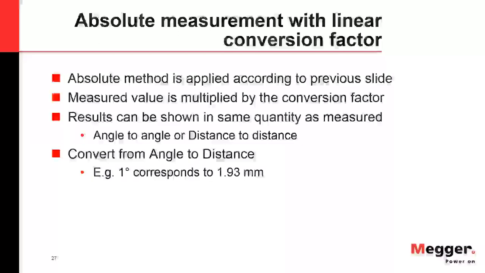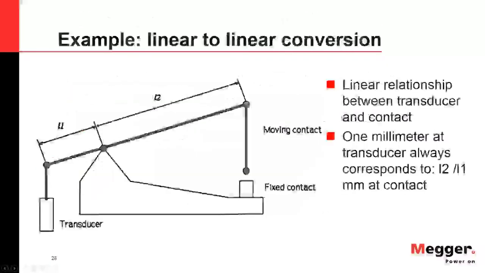The other thing, of course, is absolute measurement with a linear conversion factor. So now we go through a calibrated transducer, make a measurement, then you just do a simple multiplication. As I said, you can do angle to angle or distance to distance, or if you saw that SF6 one where I hooked up the angular transducer to that dead tank breaker, you'll have, say, 1 degree is equal to 1.93 millimeters or 1.81 millimeters or whatever the manufacturer determines, but it's just a straight conversion.